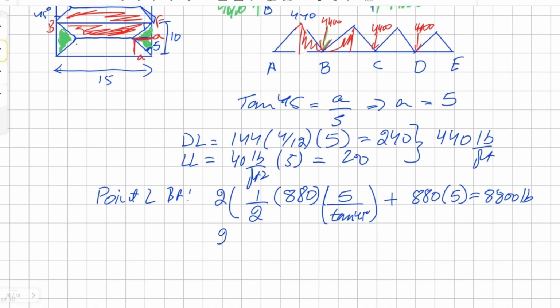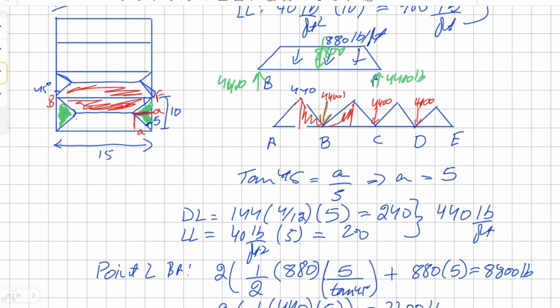So we have 2 times the area of a triangle, which is half times 440 times the distance, which is 5. Solving this, we get another 2,200 pounds added to our 4,400, and this becomes, well, I'm going to rewrite this, 6,600 pounds.